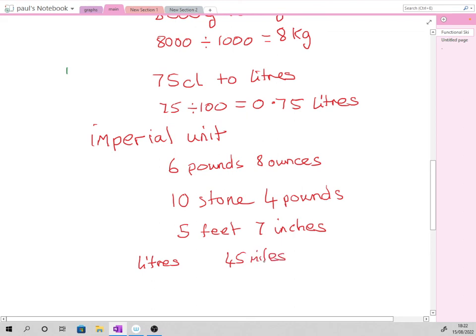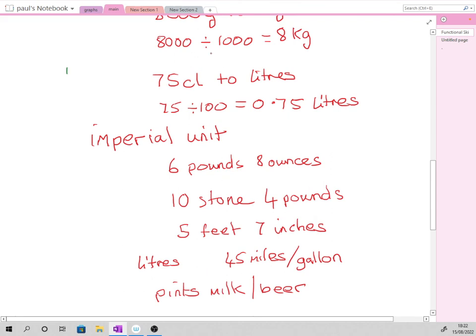Miles is an imperial unit, gallon is an imperial unit. We have pints of milk and pints of beer or lager or whatever it might be. So it's still there in our DNA, as it were. We're still using some of these today.